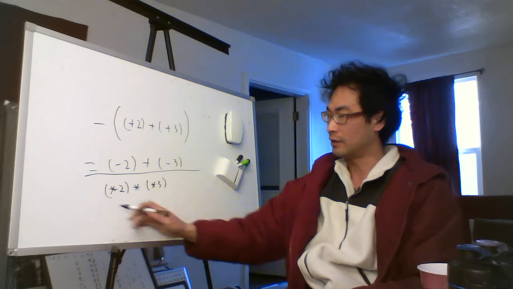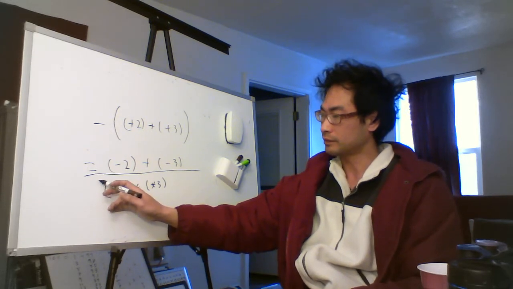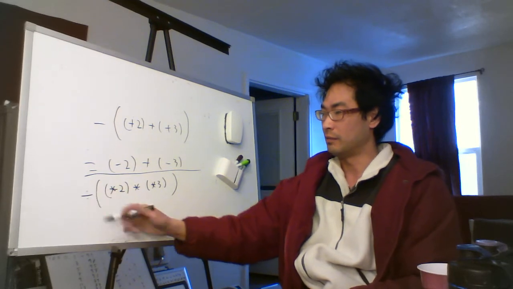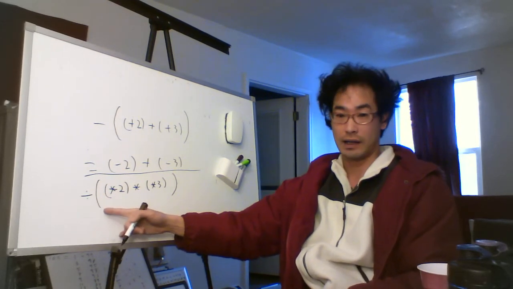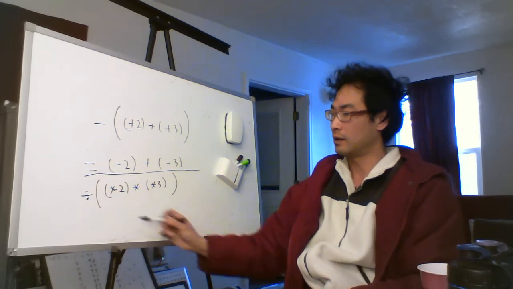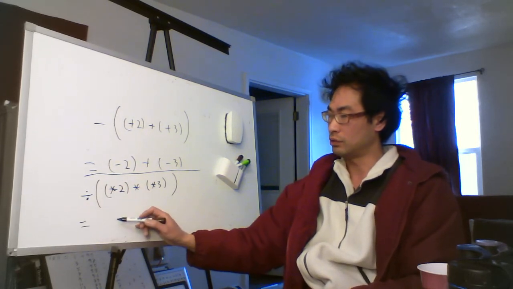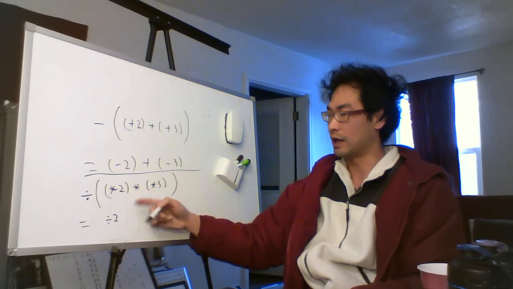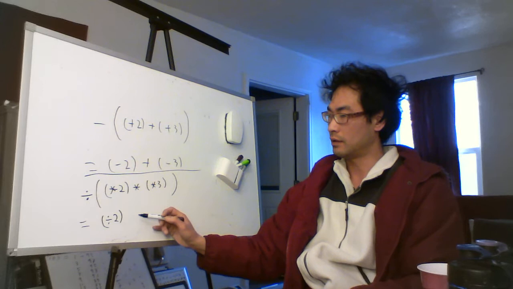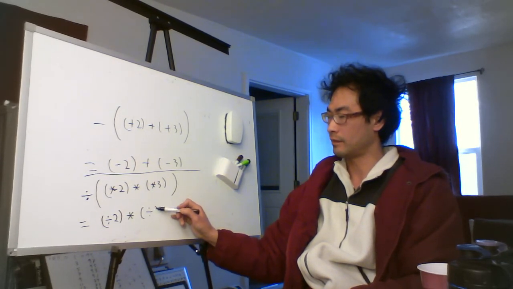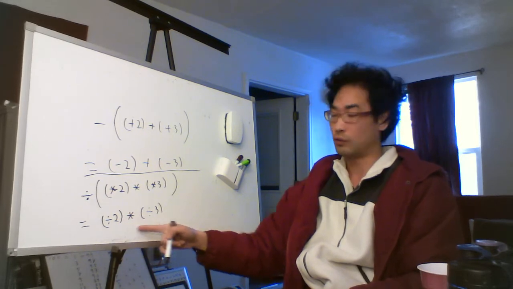Now, if you negate this, that's like division, right? Meaning 1 divided by, that's what this means. And this is equal to, it flips the sign, 1 divided by 2, 1 divided by 3.